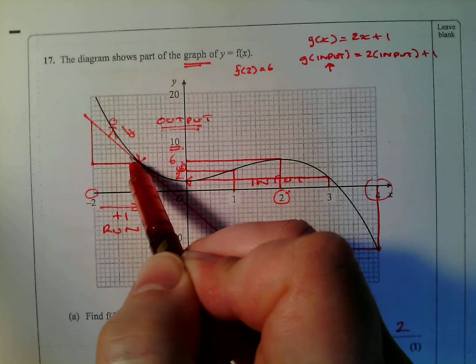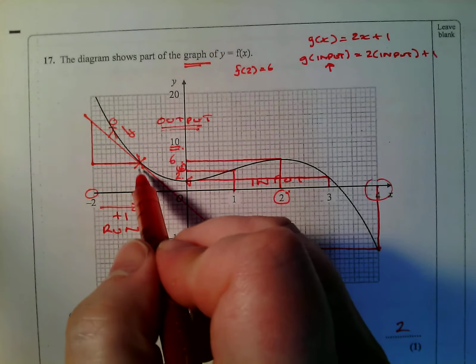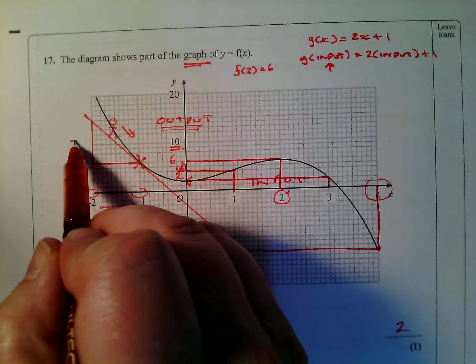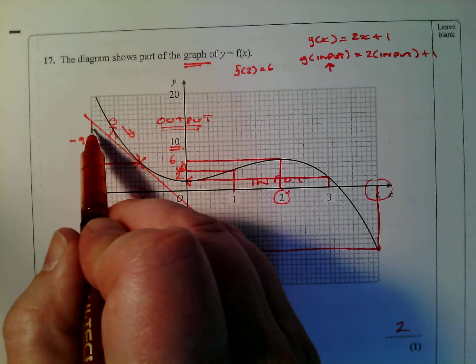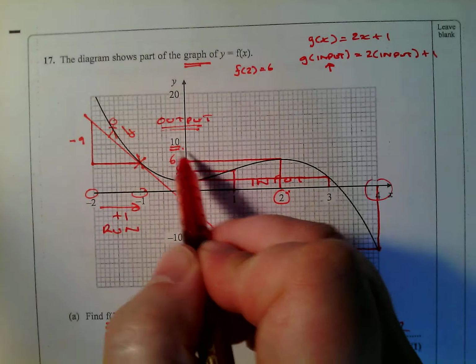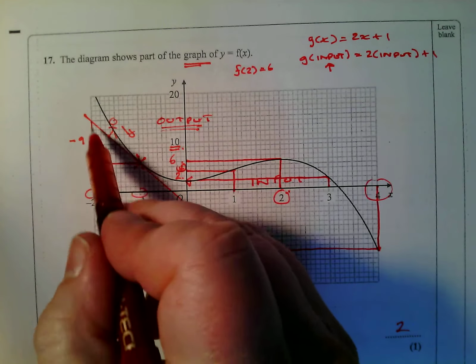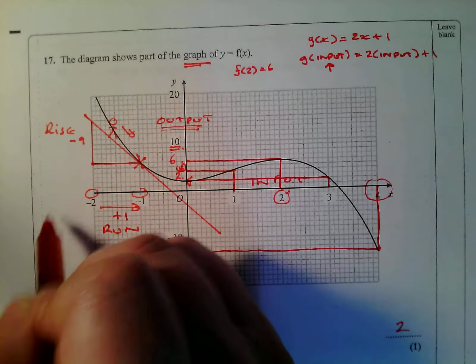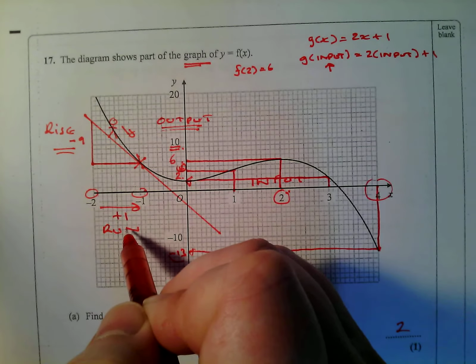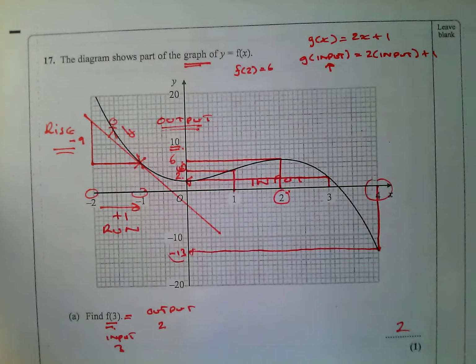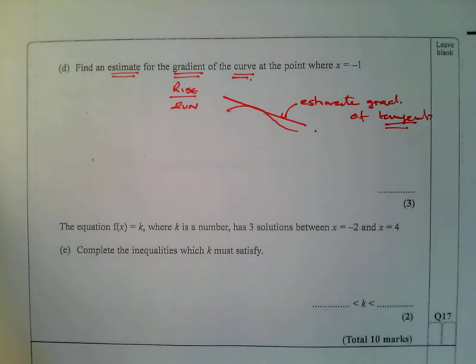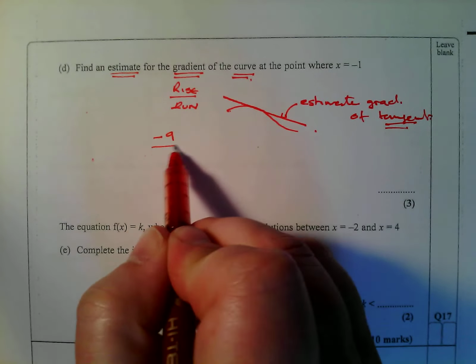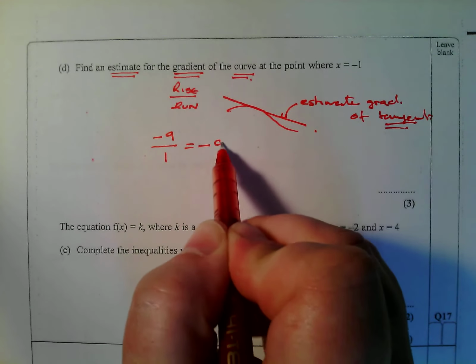And by the way, hopefully you realise that if you read from left to right, anyone walking along this slope is going downhill, so it's going to be negative. But each one of these is 10, so just be aware of your scale. Here I'm going down 5 when I get to that point. Go down 5, 6, 7, 8, 9.